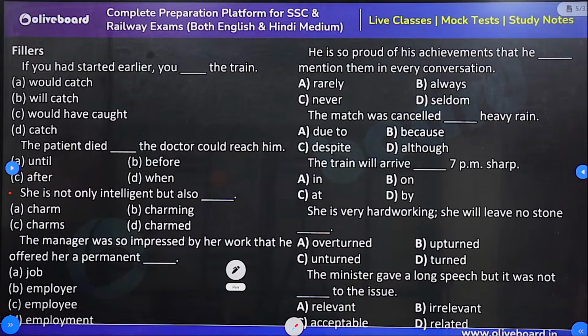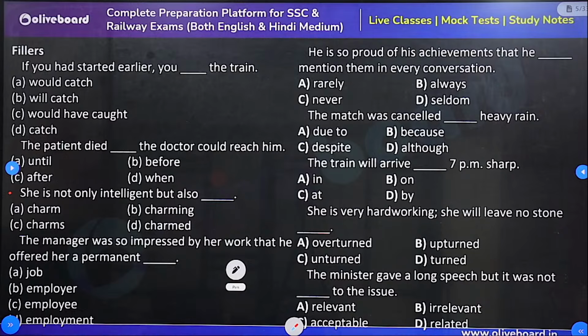Eighth one. Waiting for the answers for the eighth one.